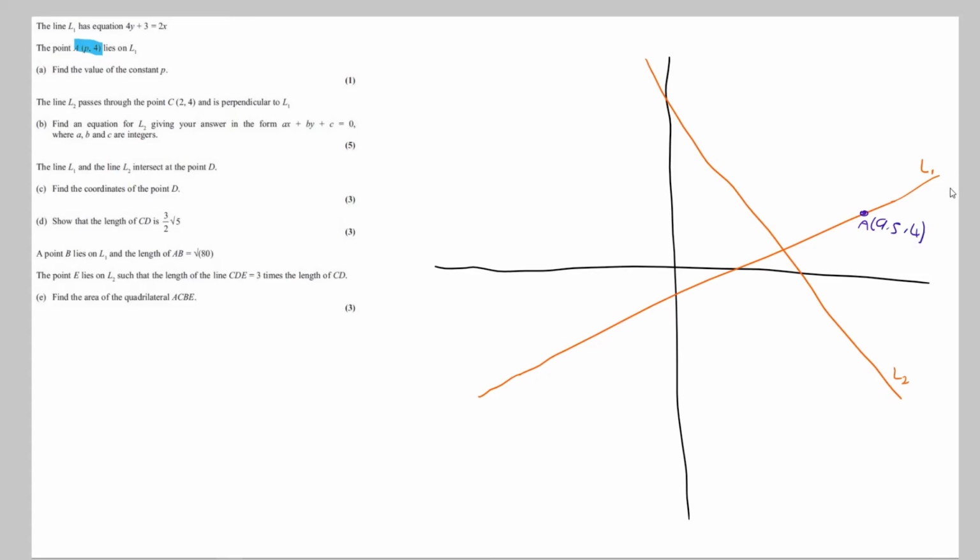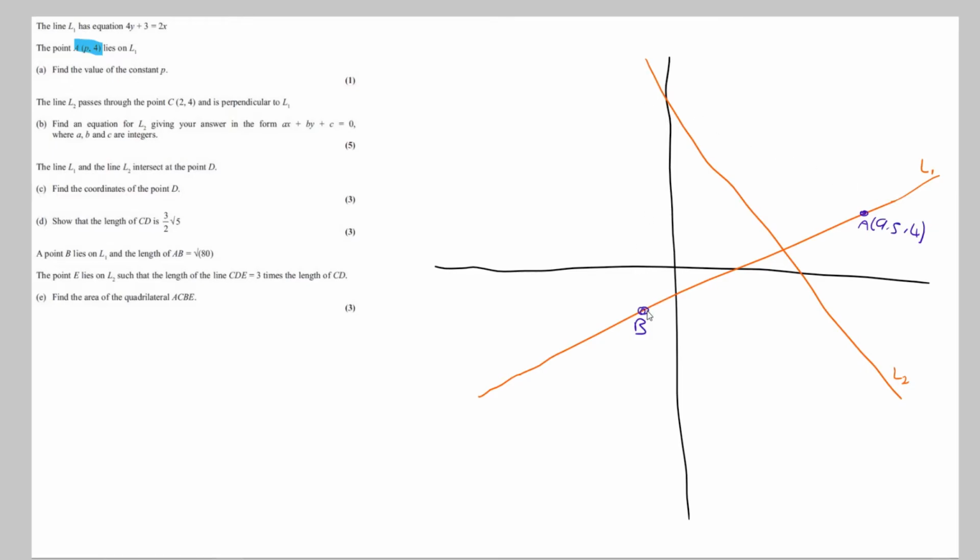And then we are told that AB is root 80. Now we don't actually know which way B is, so I'm going to put B around here maybe, and around here. There's the other, I know it's a bit different, but it's because I'm running out of space to the right.